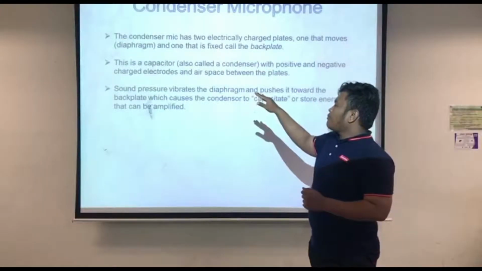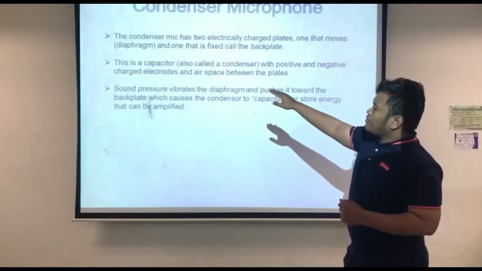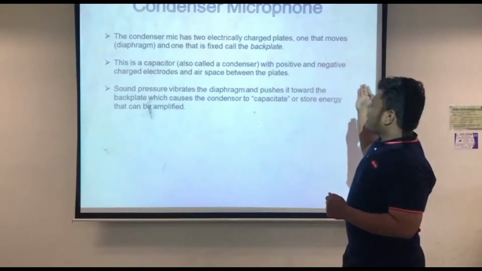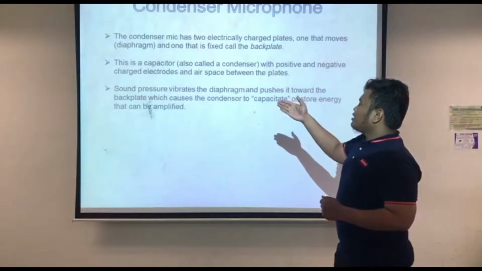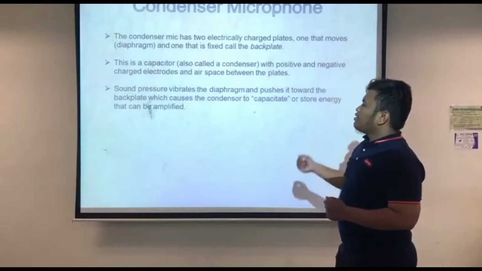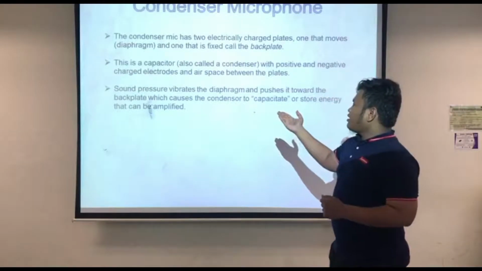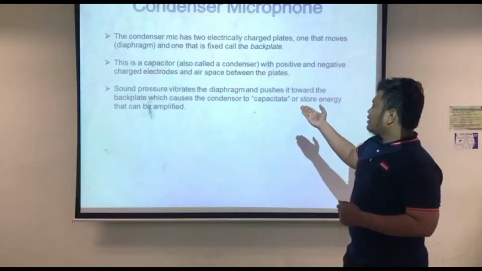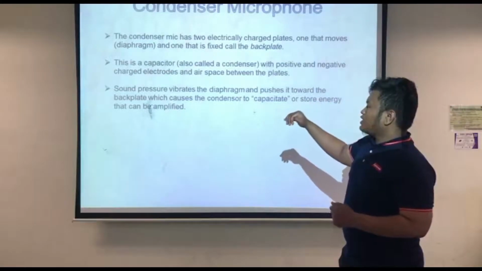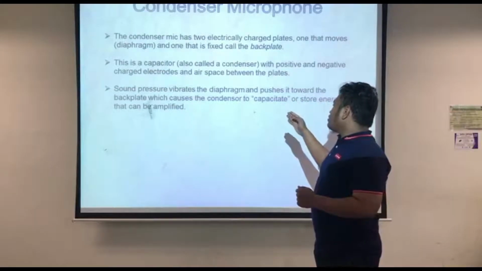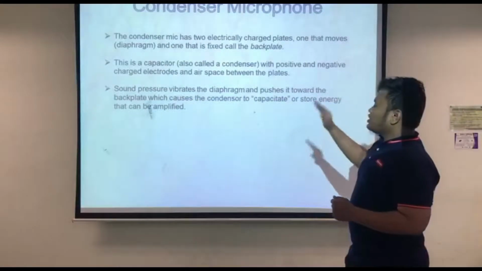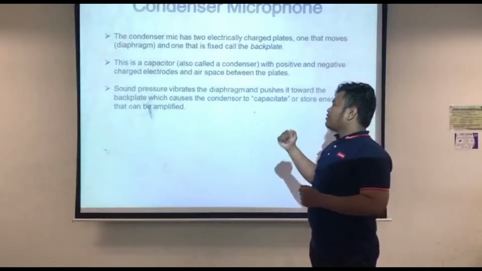This capacitor, also called a condenser, has positive and negative charged electrodes and an air space between the plates. The sound pressure vibrates the diaphragm and pushes it toward the backplate, which causes the condenser to capacitate or store energy that can be amplified.